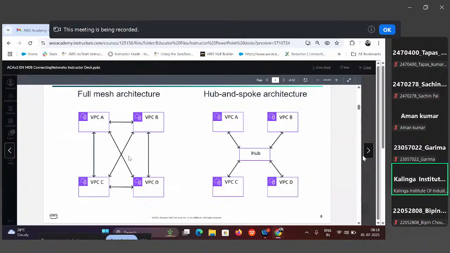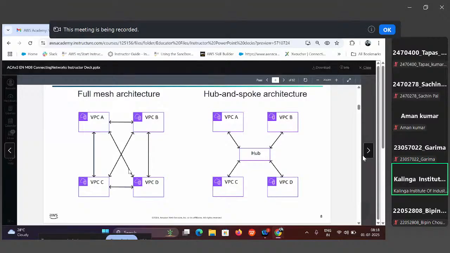This type of architecture is called a full mesh architecture, because in the mesh topology, each and every device is connected to one another. This type of architecture is a bit complex, but communication will be very fast.